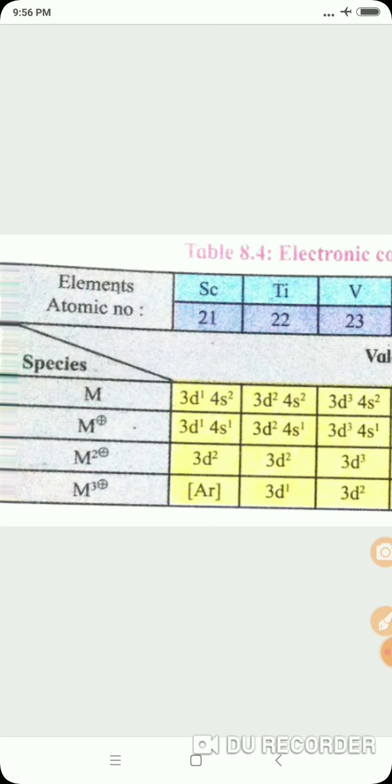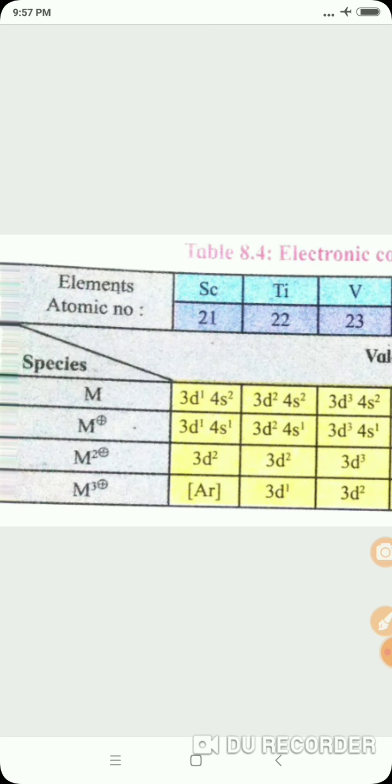How does the metal atom get converted into a metal ion? See the electronic configuration in the second column, M+: 3d1 4s1. As one electron is lost from the 4s orbital, it becomes 4s1 and is converted into an M+ ion.